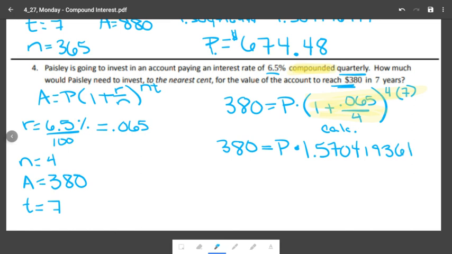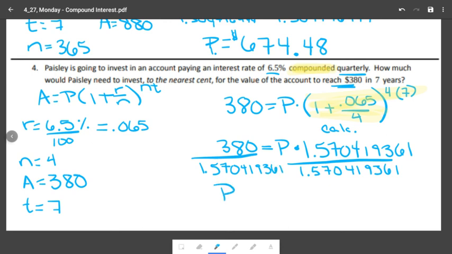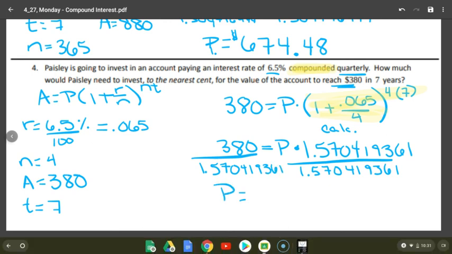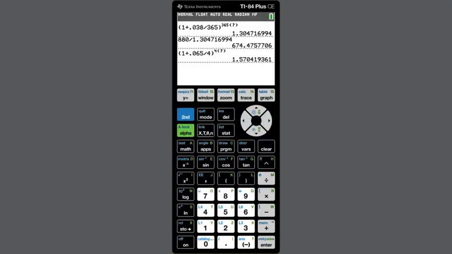P is multiplying with that, so we are going to divide that entire decimal over to the other side. Remember, we do not round until the end. So 380 divided by the decimal.